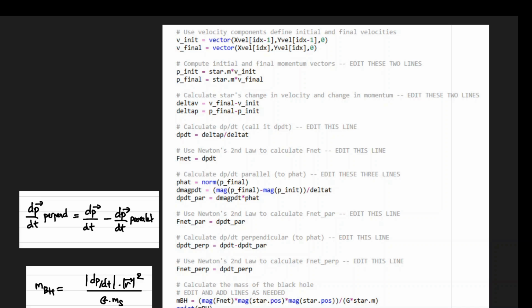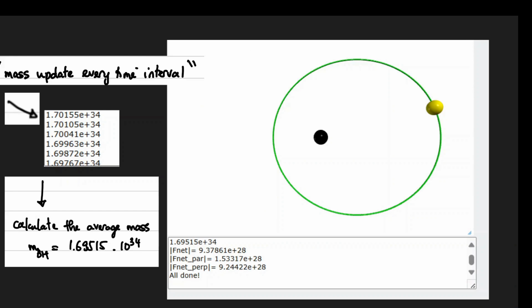Using the gravitational equation, I'm going to find the mass of the black hole, which is equal to dp over dt multiplied by the distance squared, all divided by the gravitational constant multiplied by the mass of the star. We update the mass of the black hole many times based on the orbit.